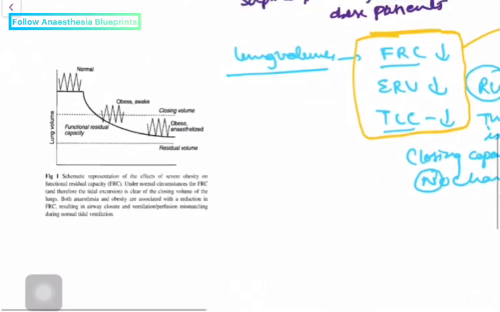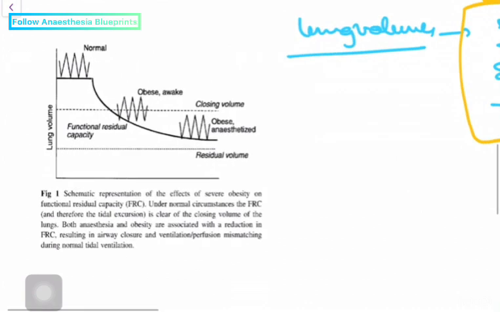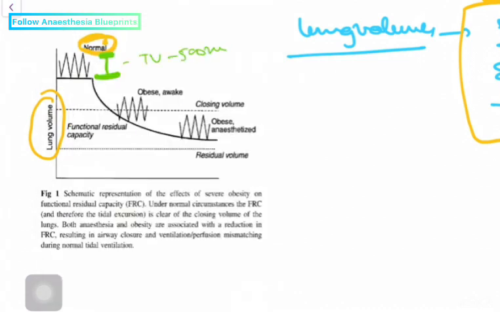So let's see what happened during obesity and what happened in the normal patients. Let's see this graph, lung volumes. In the normal patient, this is tidal volume, 500 ml.